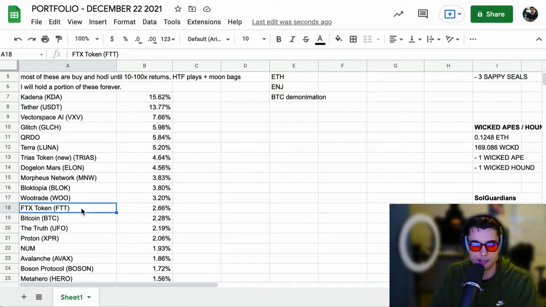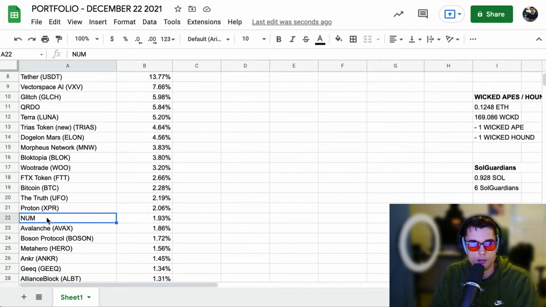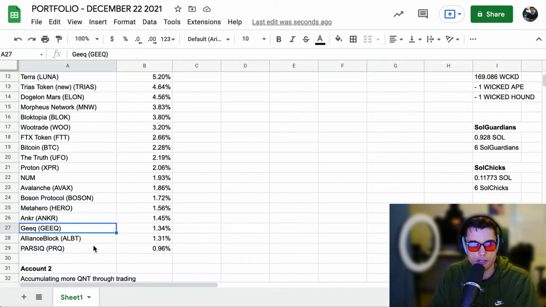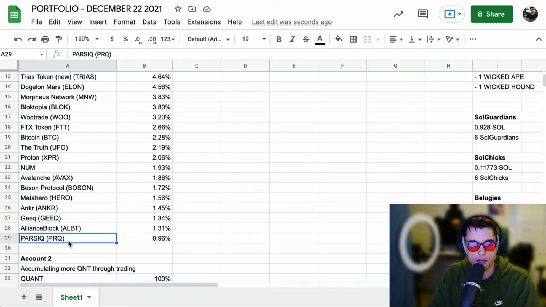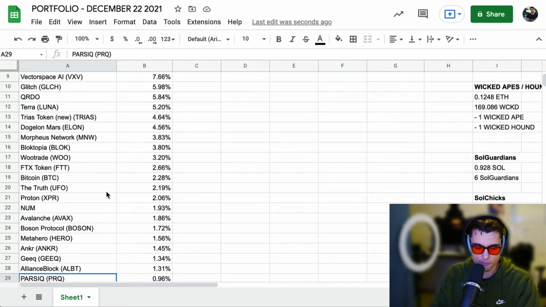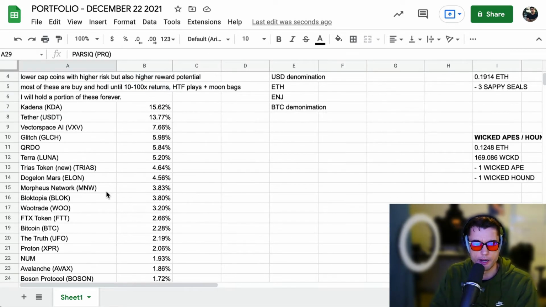I just got in randomly, and not even at the best prices, but I still got in because I like the coins. And there's FTT. The FTT I'm averaging into. A lot of these I'm averaging into. The Truth, UFO, I'm averaging into that. There's Proton, Num, AVAX, Bocek Protocol, Hero, Anchor, Geek, Alliance Block, and Parsec. So these are all of the different coins that I currently have right now in this account.